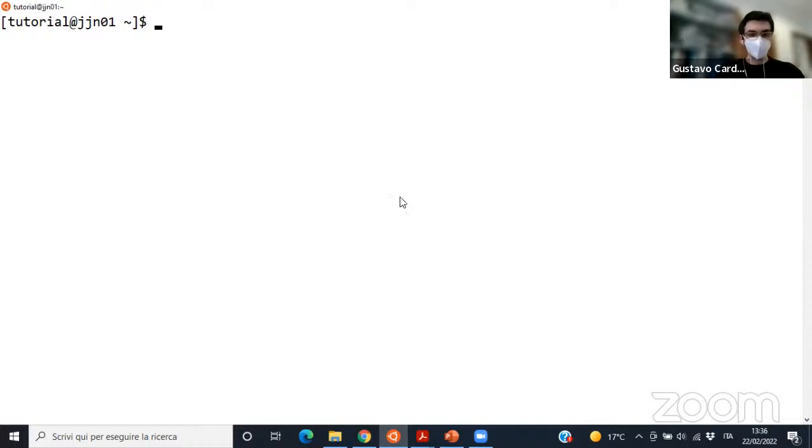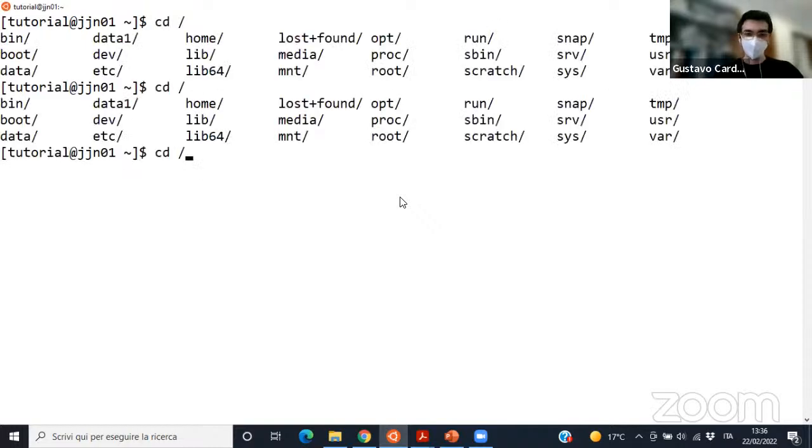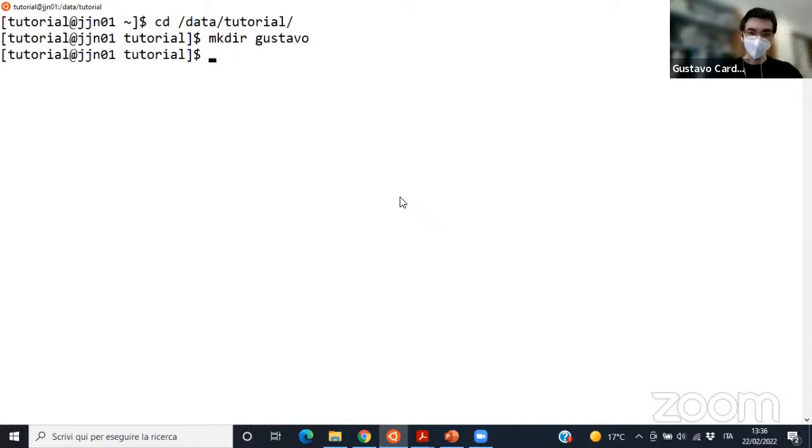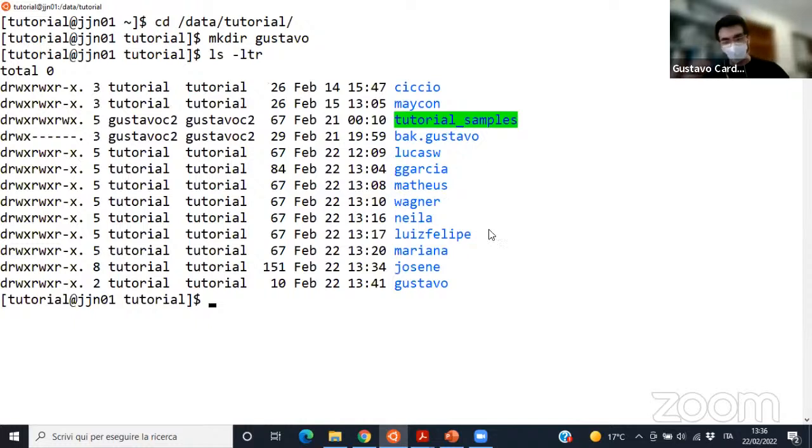Now, so here, as usual, we're going to go to the data/tutorial folder, and I'm going to build a folder for myself. So let's make an ls -ltr to see if we're all here.